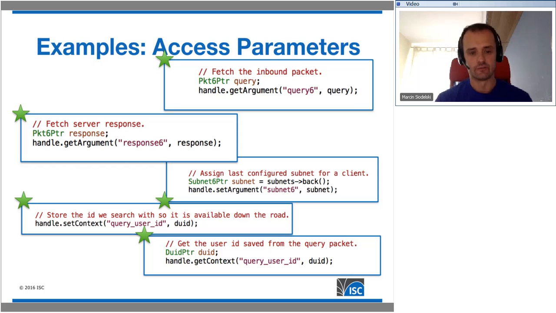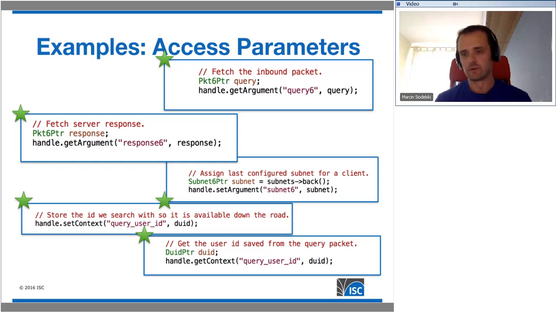And finally, the last two examples indicate how you can use the context within the callout to share data between the callouts. In this example, you're setting the client identifier, and it will be available in the context under the name query underscore user underscore ID, right?